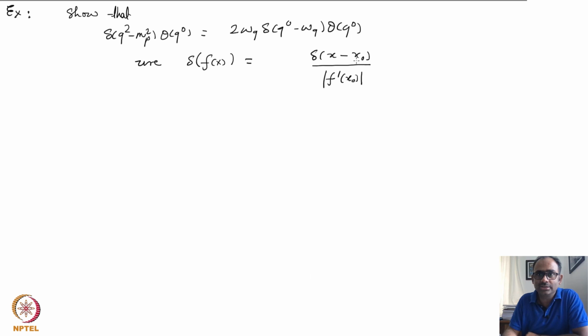Where x naught is a 0 of f of x, meaning if you put x equal to x naught in the function, it gives you 0. And you may have several zeros, and in that case we should put a label i to label those zeros, and sum over all the i's. So that's something you should do and arrive at the previous result. Okay, good. So what next?